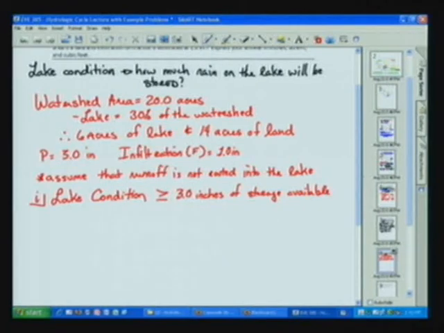Okay. So that means rain on lake is stored. So the rain runoff is going to be precipitation minus infiltration minus the lake's effect.